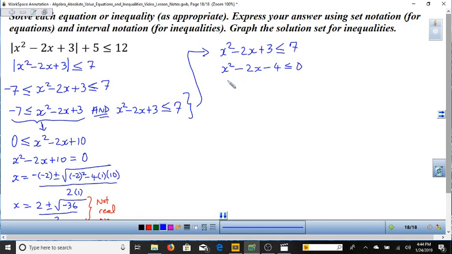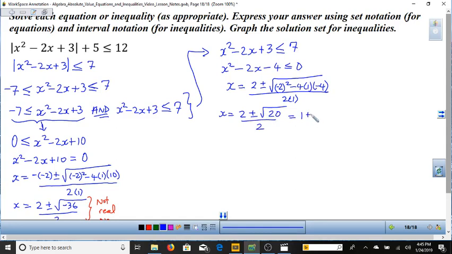So we end up with x equal to negative b plus or minus the square root of b squared minus 4 times a times c over 2a. And that will give me 2 plus or minus the square root of 4 minus negative 16 is 20 over 2. And with a little simplifying, we get 1 plus or minus square root 5.